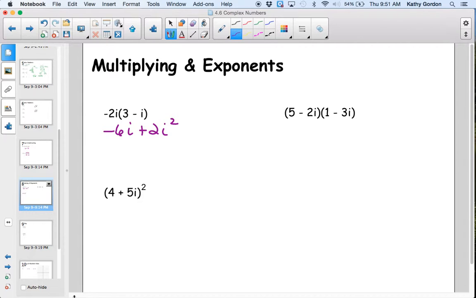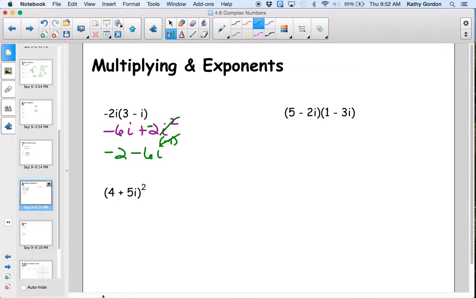Exactly. So we're going to replace the i squared here with a -1, and then multiply that by the 2, which basically means I end up making this -2 in here. So I'm going to cancel out the i squared and make the number the opposite of what it was, because I'm going to take that number and multiply by -1. So now, if I rewrite it, I'll have -2 minus 6i. Now does it fit a plus bi form? Yeah, so now I've got my standard form answer.